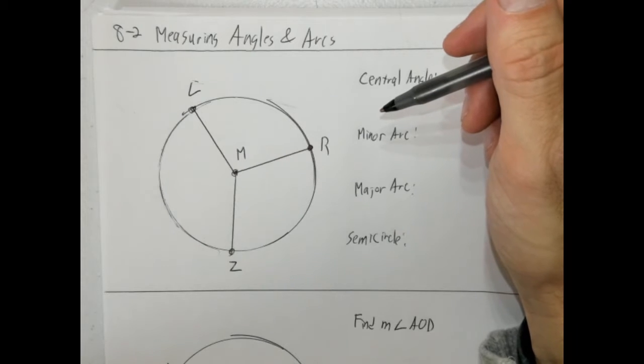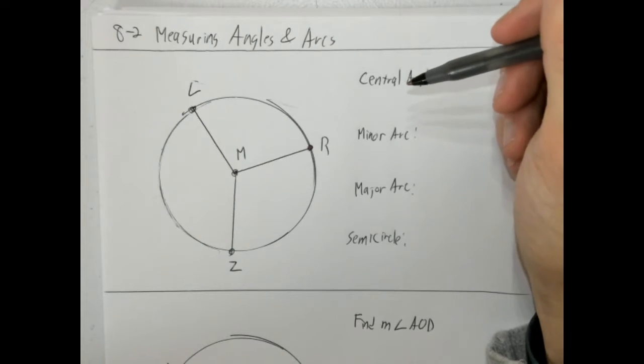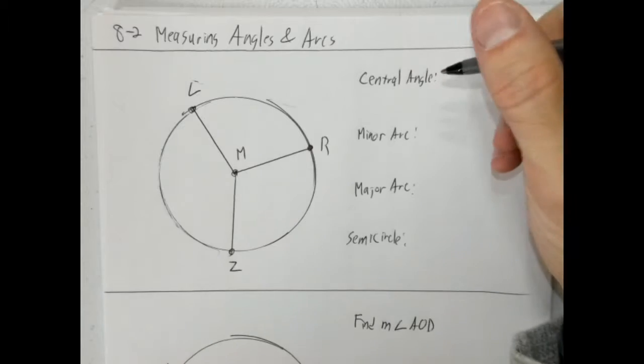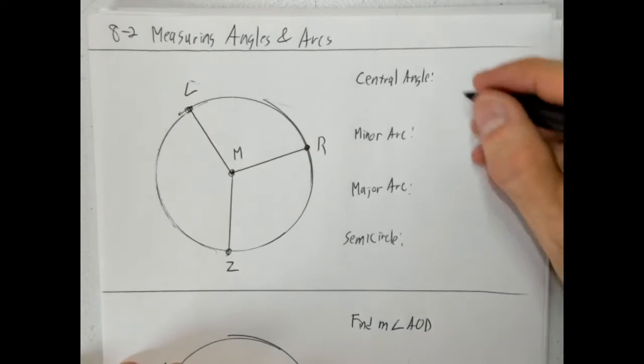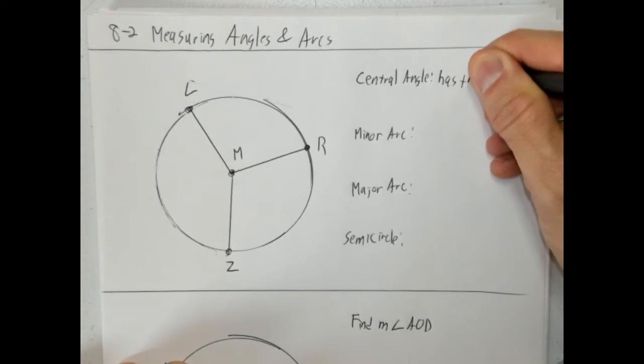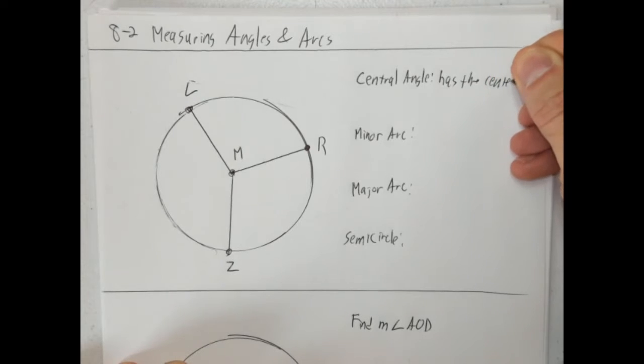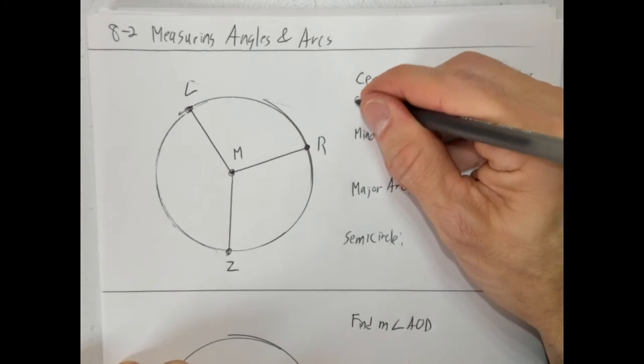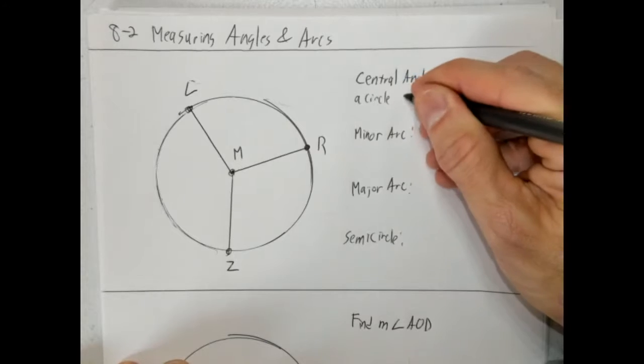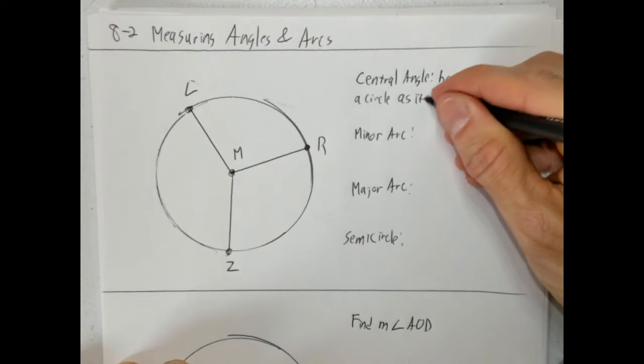And the first term we want to know about is called a central angle, okay? And a central angle has the center of a circle as its vertex.